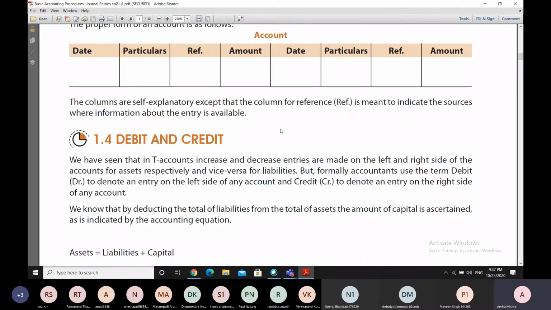So now what we have seen is that in T accounts we write the increase and decrease entries on the left and right side of the accounts for assets respectively. We just saw here that when we are dealing with assets and there is an increase of the asset, we write it on the left hand side, and the decrease of the asset entry is written on the right hand side.